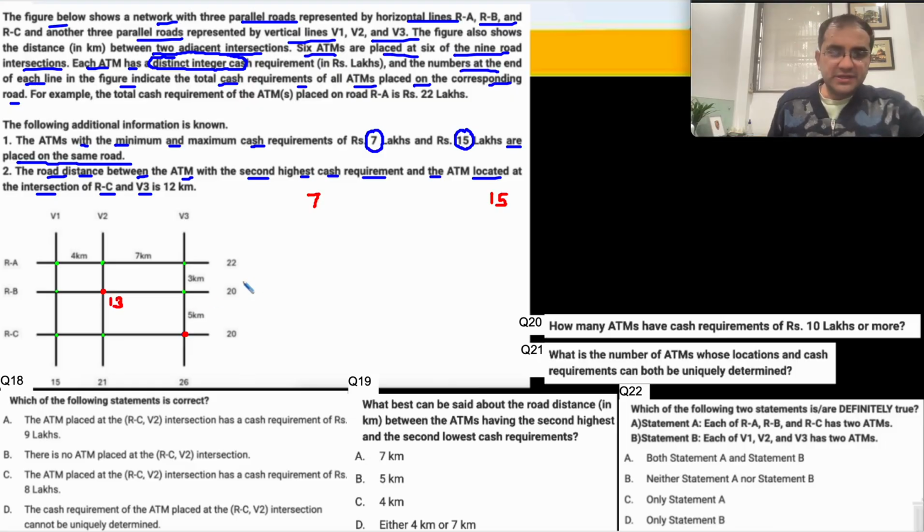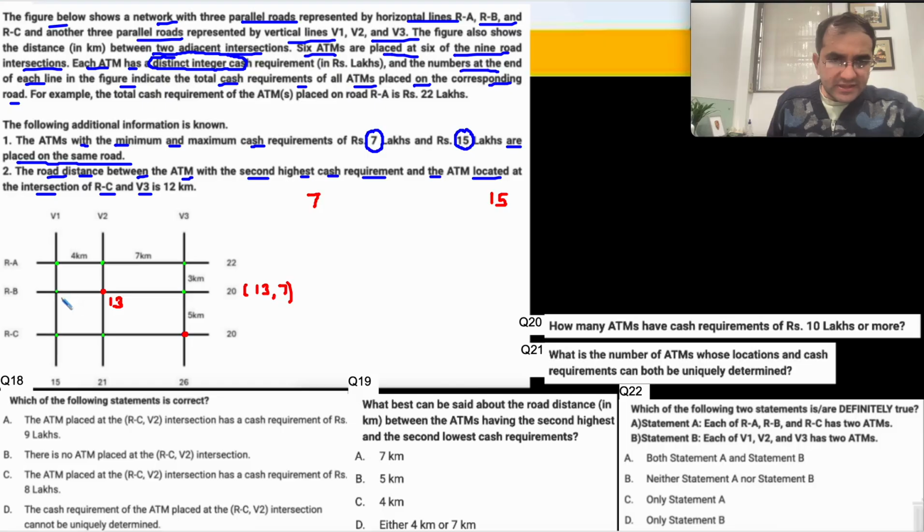अगर मैंने 13 रखा तो that means 13 के साथ 7 आना पड़ेगा. Are you getting this? This particular line will have to contain 13 के साथ साथ 7. ठीक है, तो 13 के साथ साथ 7 कहाँ पे आ सकता है?